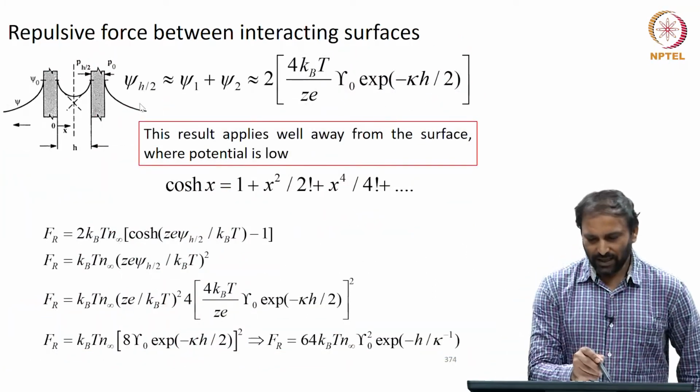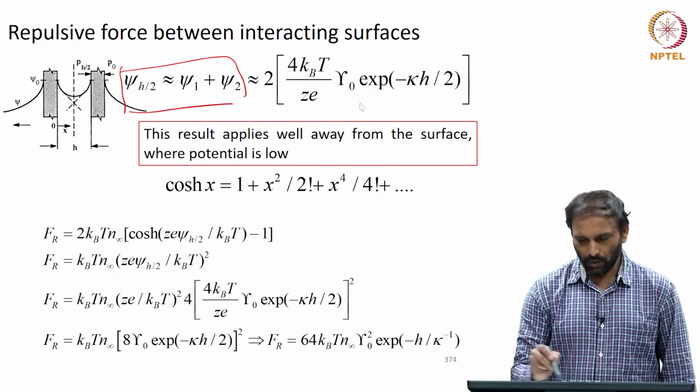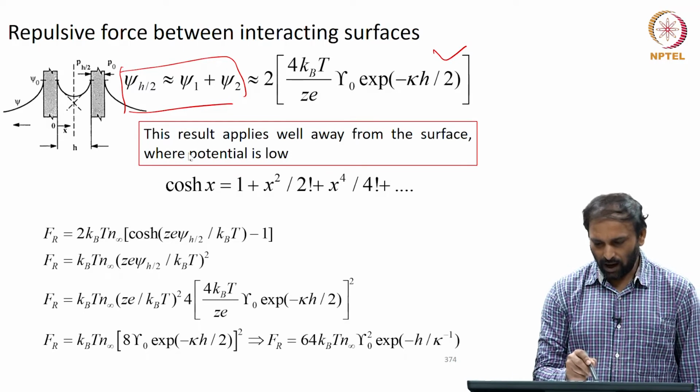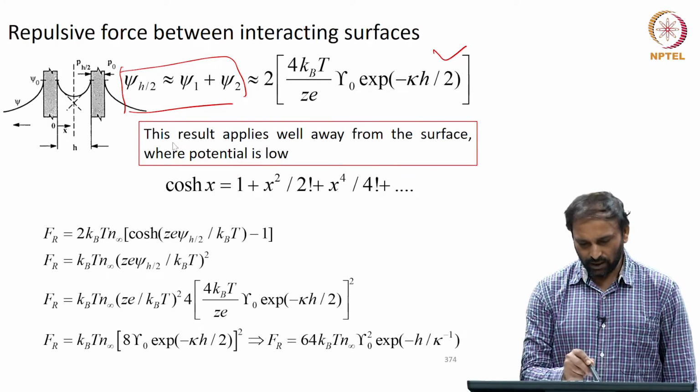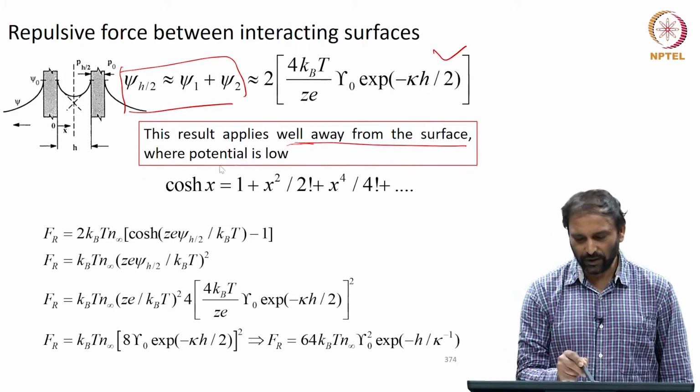So, psi at h by 2 we have derived, and this result that we have used applies well away from the surface where the potential is low.